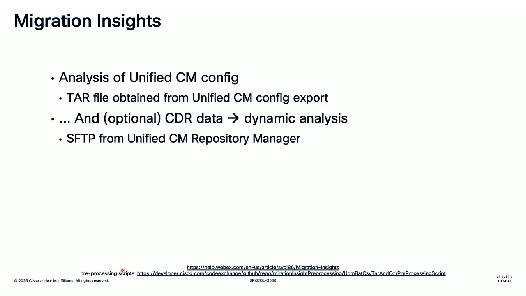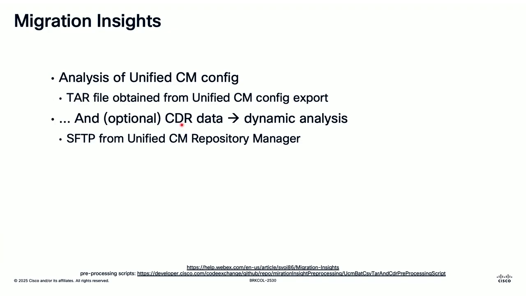You upload it to Control Hub, and then the tool analyzes this config export and allows you to get some insights into the existing configuration. Optionally, you can also dump call detail record information into this tool. Those would be CDR files that are SFTP'd to an FTP server by the UCM repository manager, right? Basically the typical CDR target of existing UCM installations.